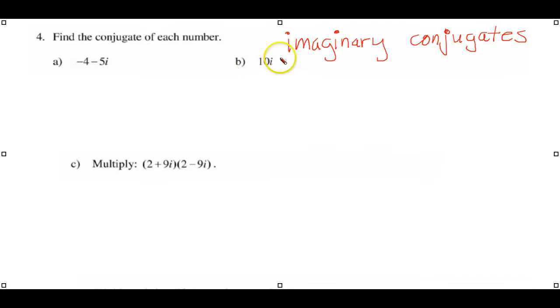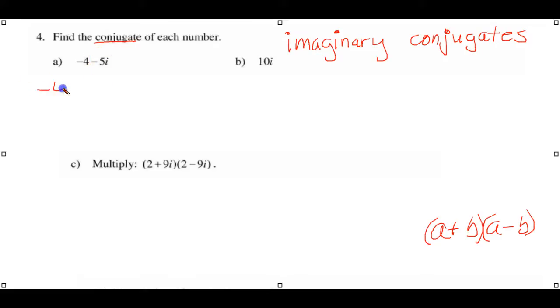Let's go on. Now, something from the past that we dealt with, let me write it over here, a plus b. We said the conjugate of this was a minus b. That is, the terms would be the same, but the sign between them would be different. So we're asked to find, in this case, the imaginary conjugates of these terms.